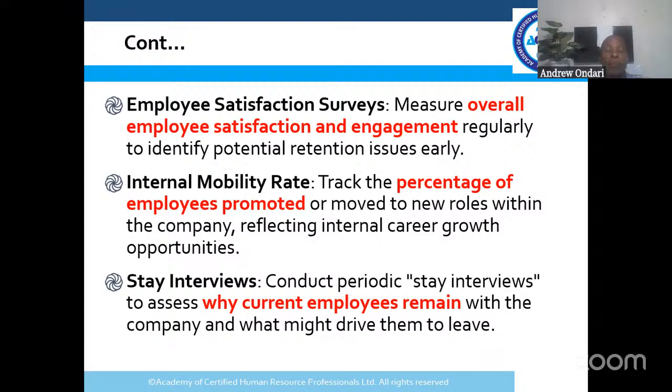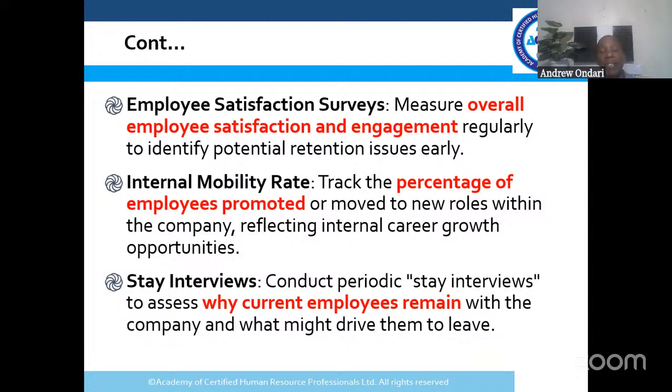No. What I'm saying is, if there are many people who have been promoted, it means that they have stayed in the organization long enough. And probably there is a career and succession plan in place. We develop career and succession plans because we want to retain our employees. So internal mobility is another way of measuring whether we retain the people who can succeed others.